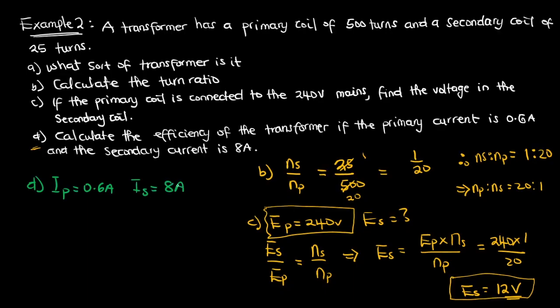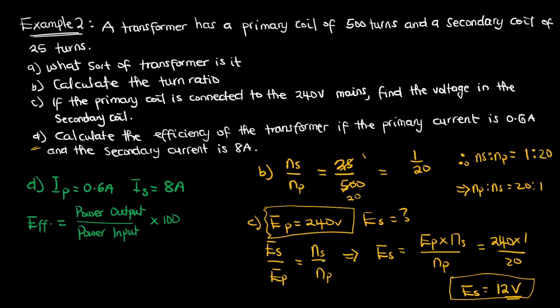Now the efficiency of a transformer is equal to power output over power input multiplied by 100, that is it.